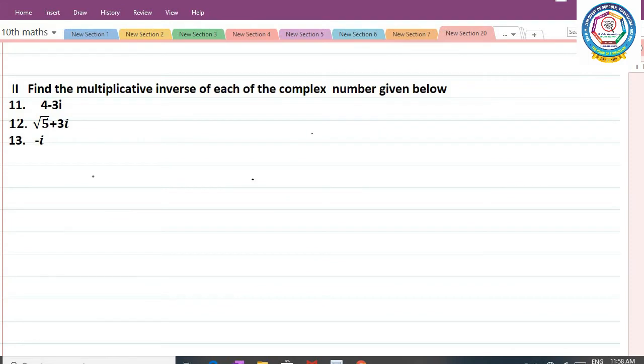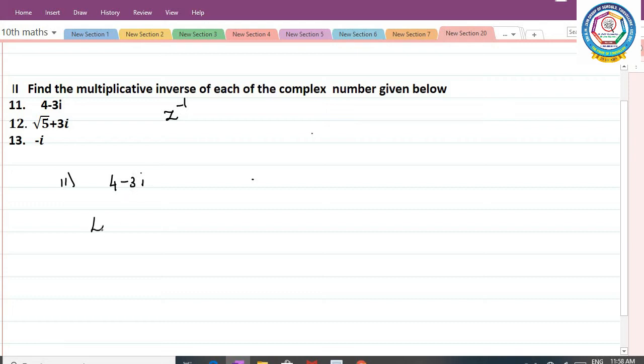Second Roman letter. Find the multiplicative inverse of each of the complex numbers given below. So the 11th one. 4 minus 3i is given. But they ask to find the multiplicative inverse of this one. What is the multiplicative inverse? That is z inverse. But the question 4 minus 3i is given.